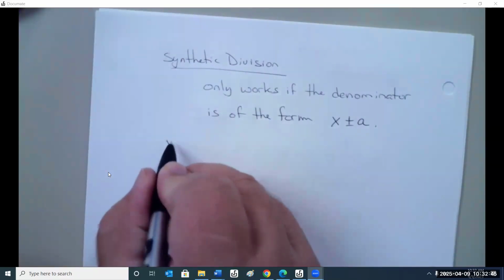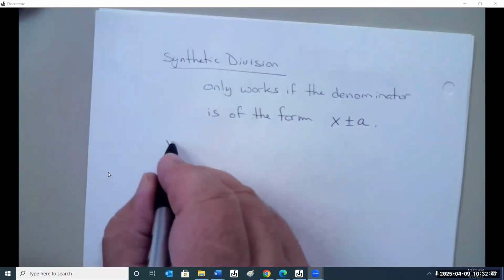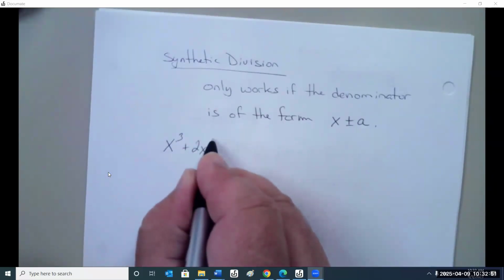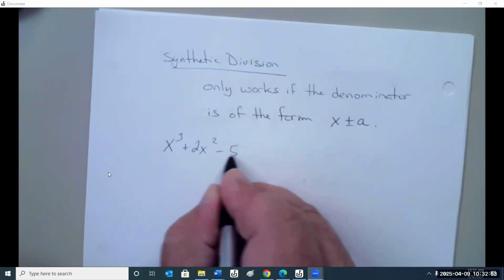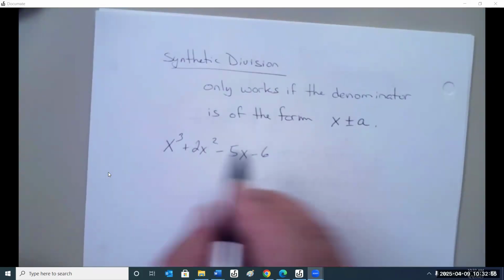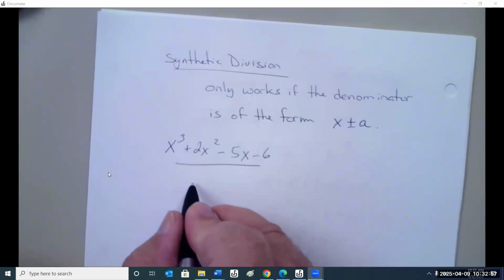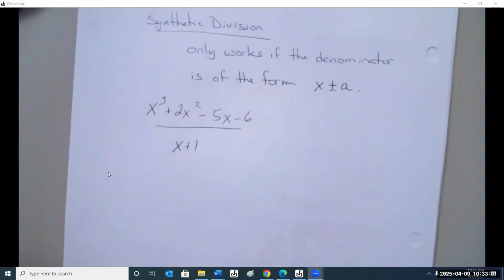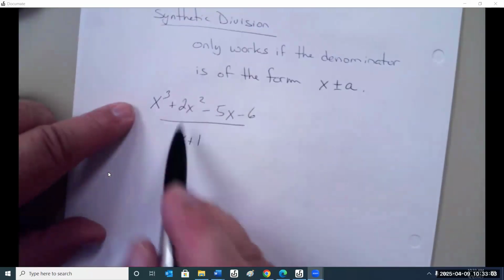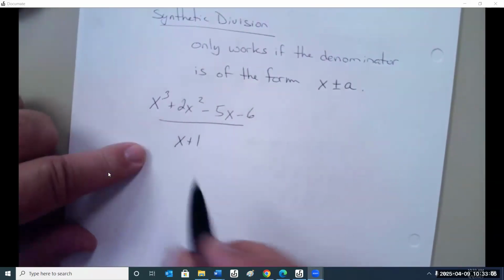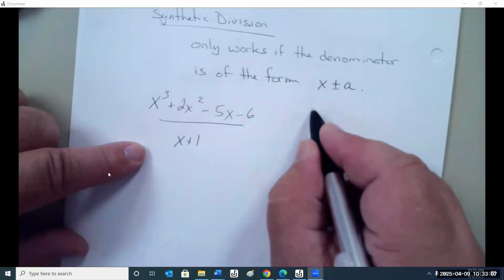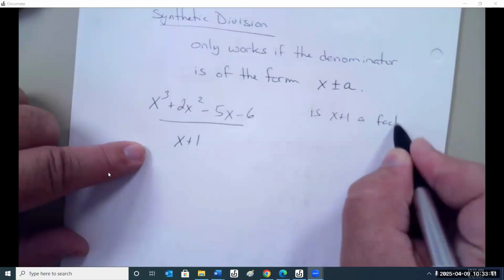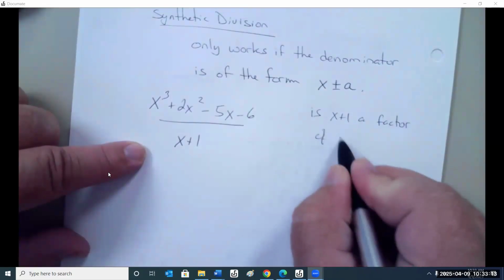Let's look at what we just had. Let's look at x cubed plus 2x squared minus 5x minus 6. Remember, what this says is, is x plus 1 a factor of the numerator?